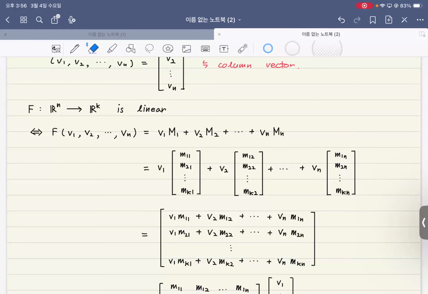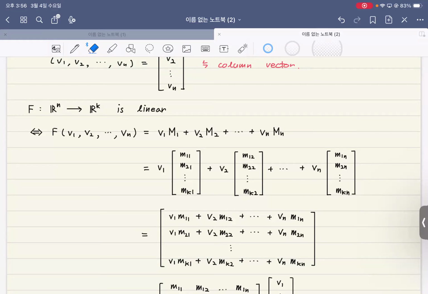Because of our convention, every k-dimensional vector can be written as a k by 1 column, right? So this is how I describe each of these vectors. This is my M1, this is my M2, and this is my Mn.